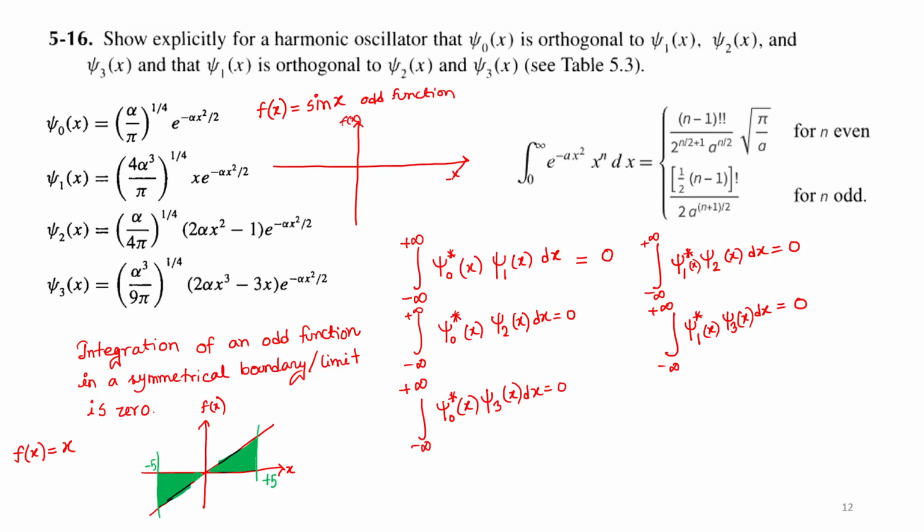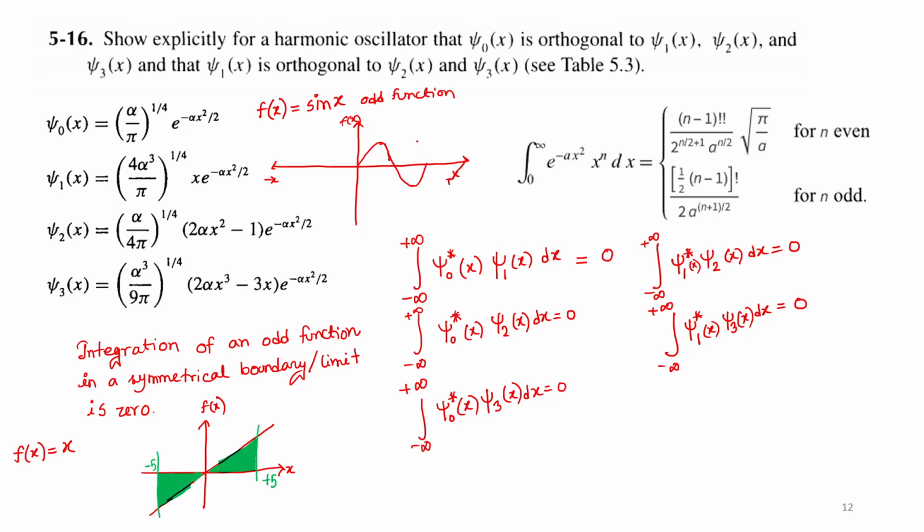At x is 0, this is 0; at pi by 2, it is 1; then at pi, it is 0; then at 3 pi by 2, it is minus 1; and then at 2 pi, it is 0.